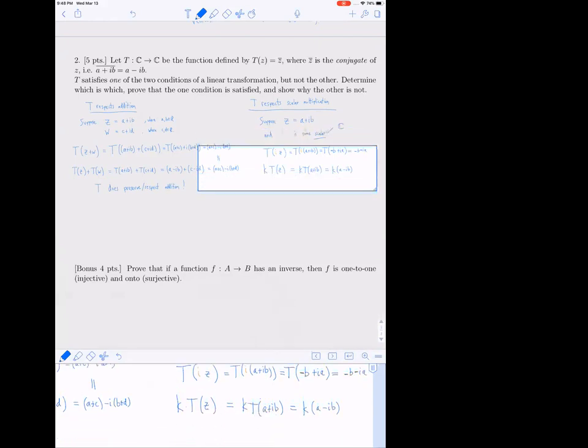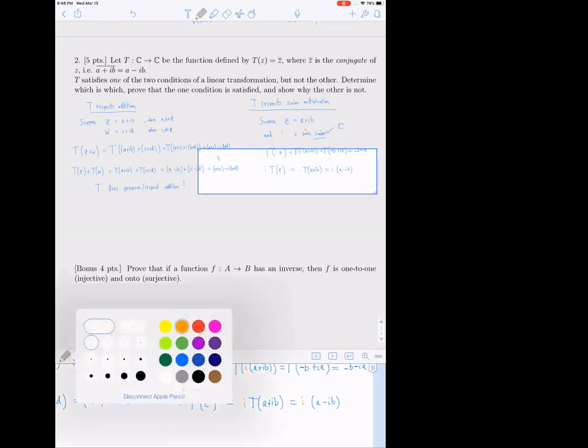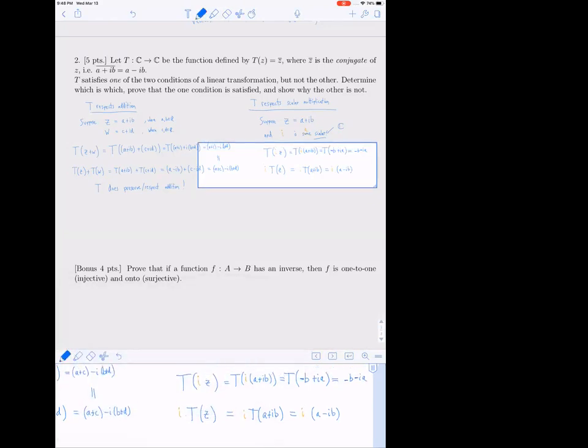All right, well, maybe that gives us the same thing down here. Let's see what happens if we took k to be just the number i. Well, this is going to give us, ooh, i times minus ib is going to be a positive b.